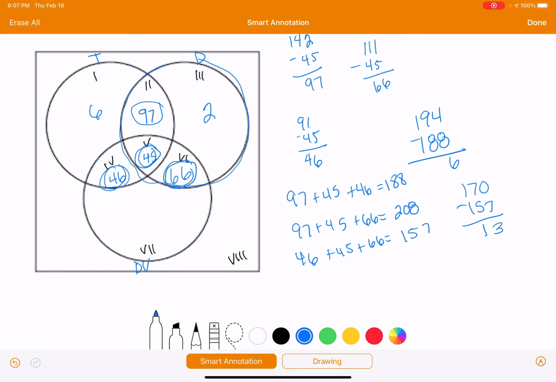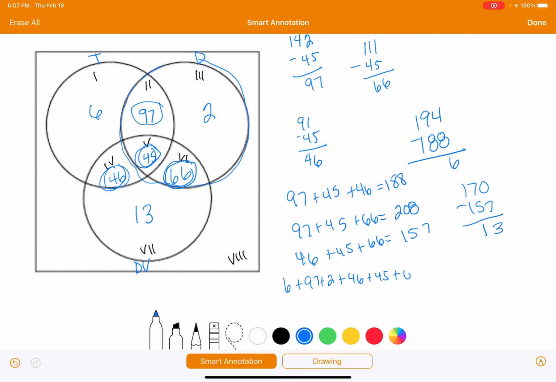Okay, so I'm almost done here. I need to also find my universal set. So I need to add up all the numbers that I have: 6 plus 97 plus 2 plus 46 plus 45 plus 66 plus 13.